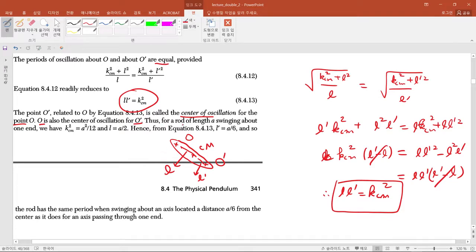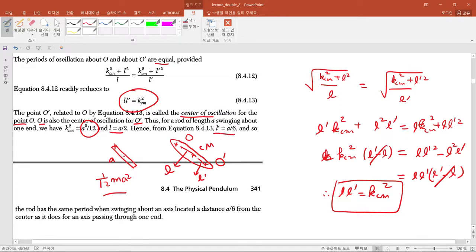For example, for a load of length a swinging about one end, we know that k center of mass squared is a squared over 12. I think everybody now knows by heart that the moment of inertia for this load of length a is m a squared over 12, and l is equal to a over 2. Then if you use this, it gives you l prime is a over 6.